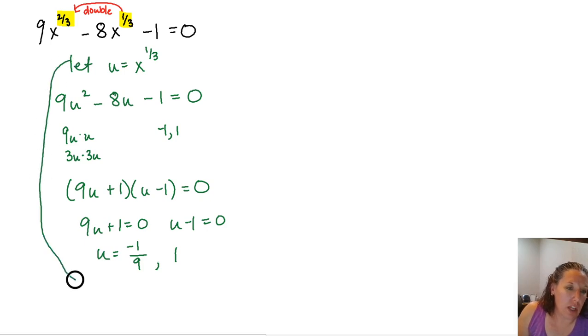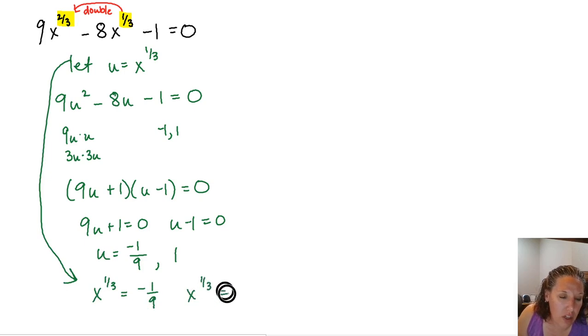Then we want to, just like we did on the other ones, plug back in. Instead of u, we want x to the 1/3 equals -1/9, or x to the 1/3 equals 1. Raise both sides to get rid of that 1/3 power.